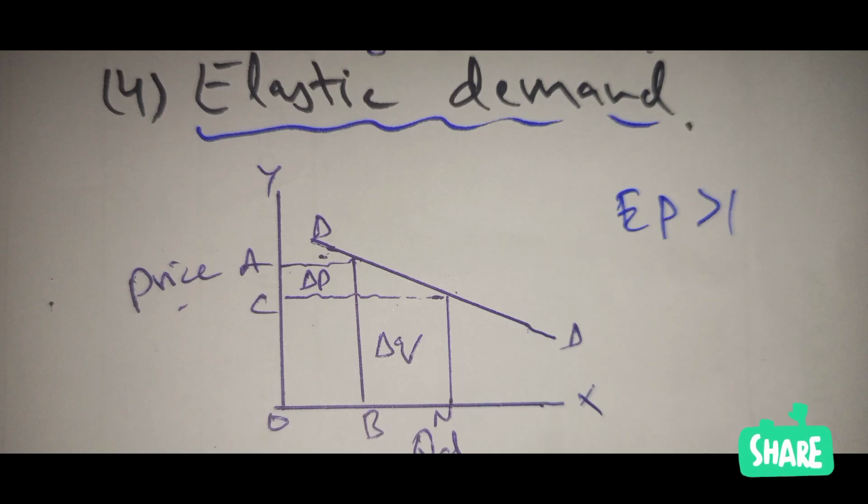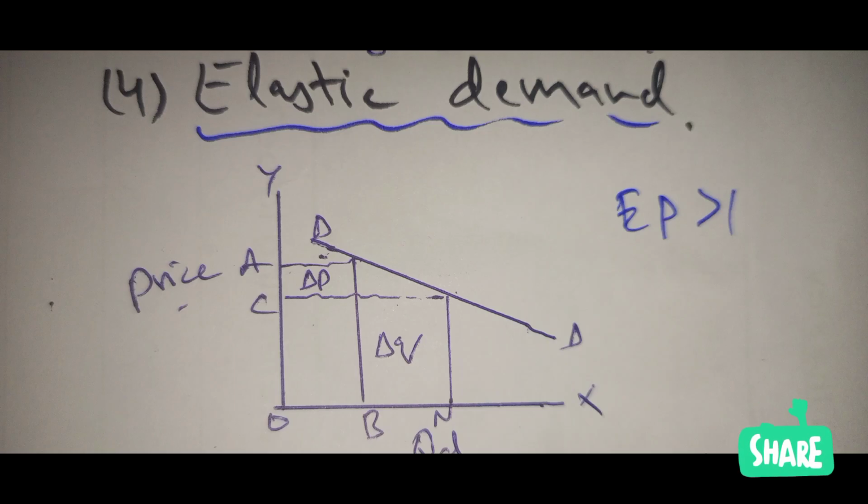In this figure, the D curve is relatively elastic along its entire length. As the price falls from OA to OC, the demand for the good extends from OB to ON.